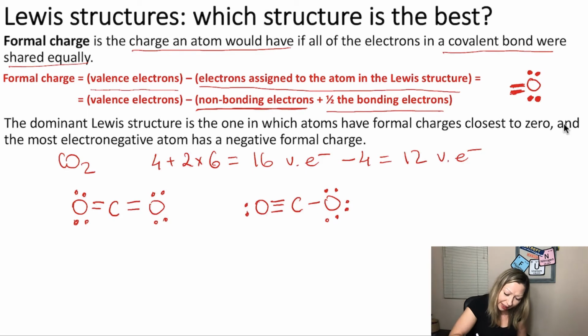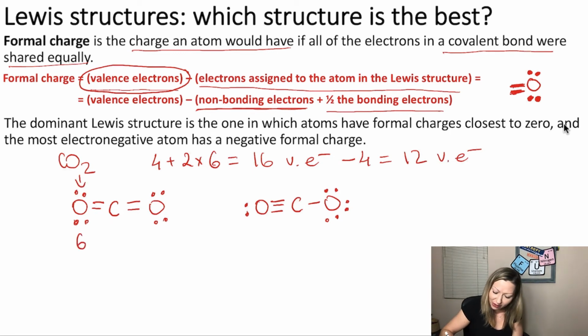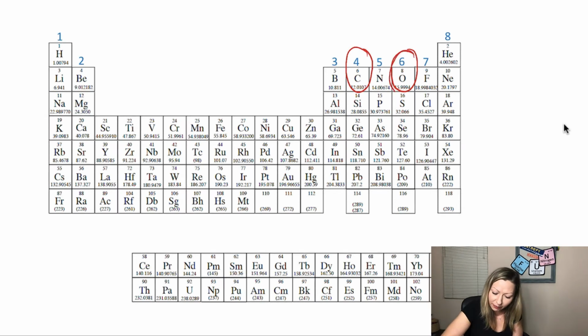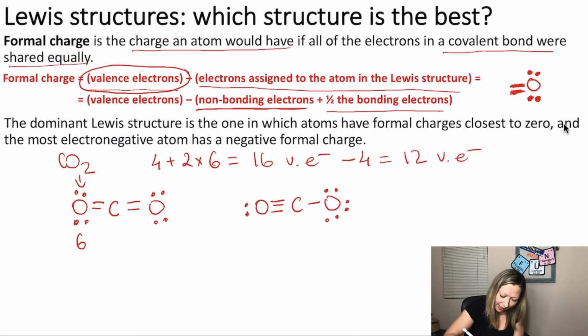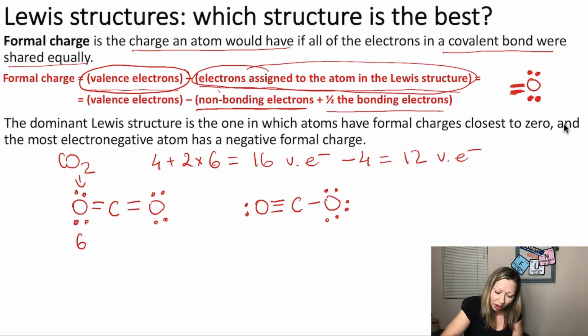So first, I need to know the number of valence electrons, and let's start with this oxygen atom right here. In oxygen, I know that I have 6 valence electrons, and I know this from the periodic table. And then I have to subtract from it the electrons assigned to the atom in the Lewis structure, which is the non-bonding electrons plus half of the bonding electrons.